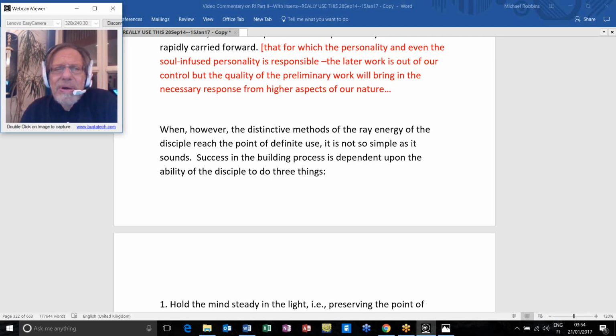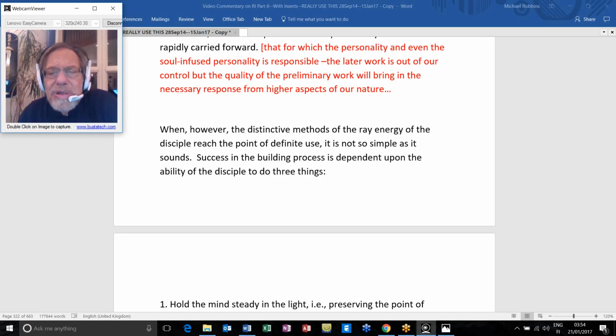So let's all learn that particular lesson and not skip over any of these expert suggestions that are being made by the master. So anyway, he's telling us we're going to use the distinctive ray energy technique, but it's not so simple.